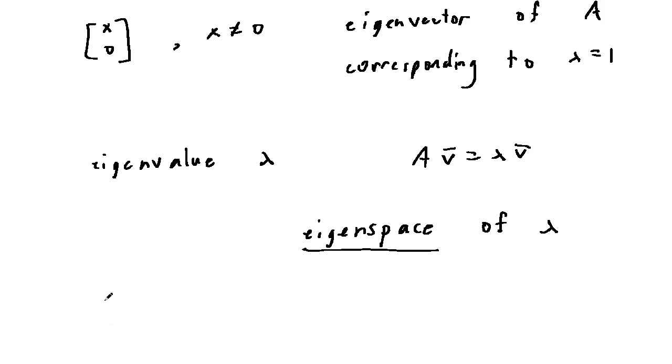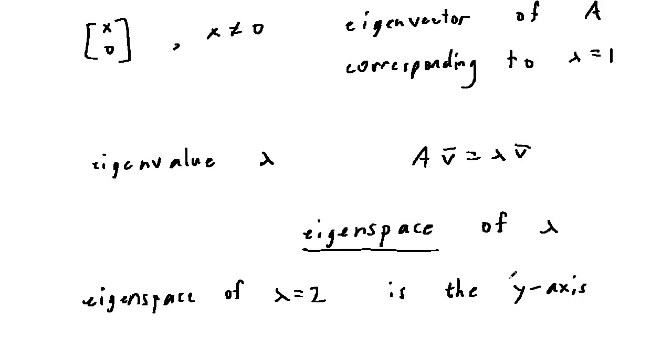Okay, so the eigenspace of lambda equals 2 is the y-axis itself. It's all those vectors along the y-axis. Note that this eigenspace is a one-dimensional subspace of R2.